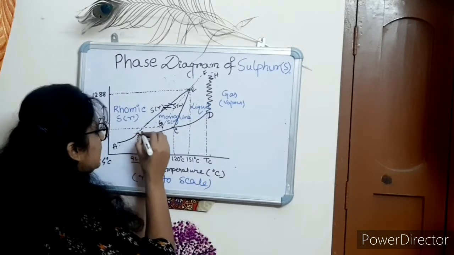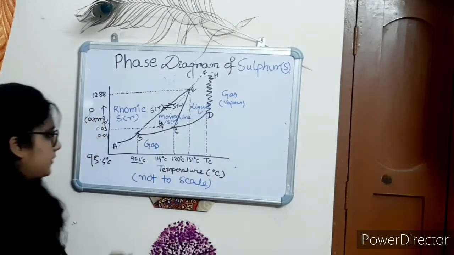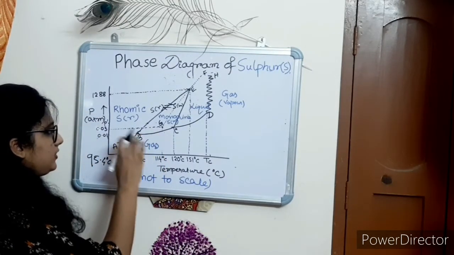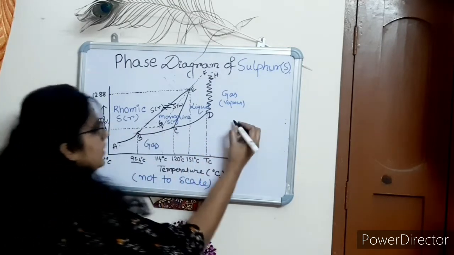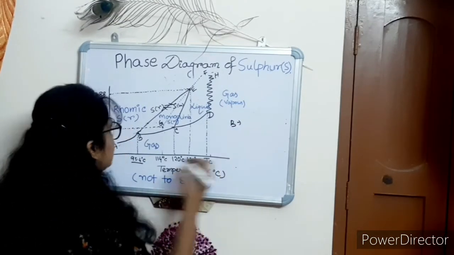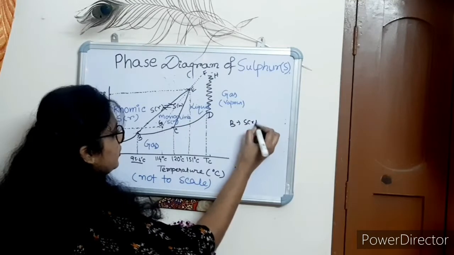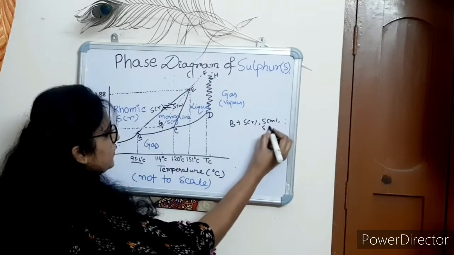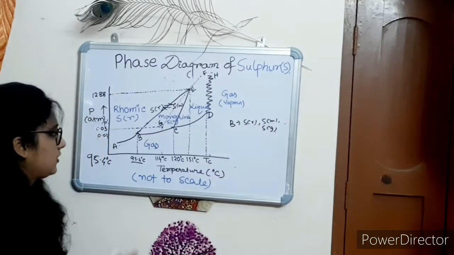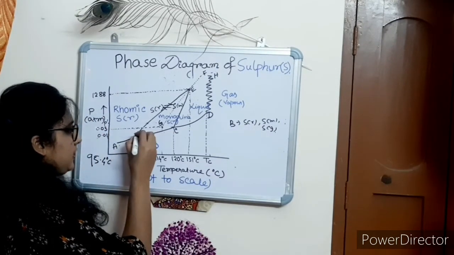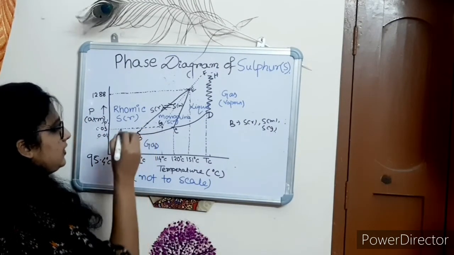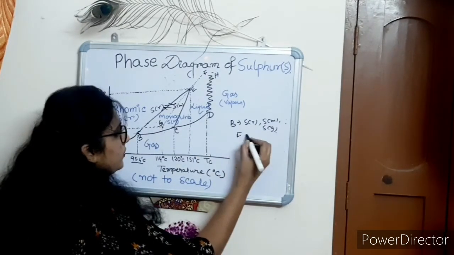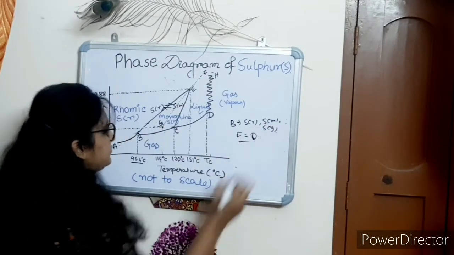What are the triple points for this system? B is a triple point of the sulfur system, where at point B the three phases are sulfur in the rhombohedral state, sulfur in the monoclinic state, and sulfur in the gas state. These three phases can exist at point B. So B is a triple point, and the degree of freedom at B is equal to 0.